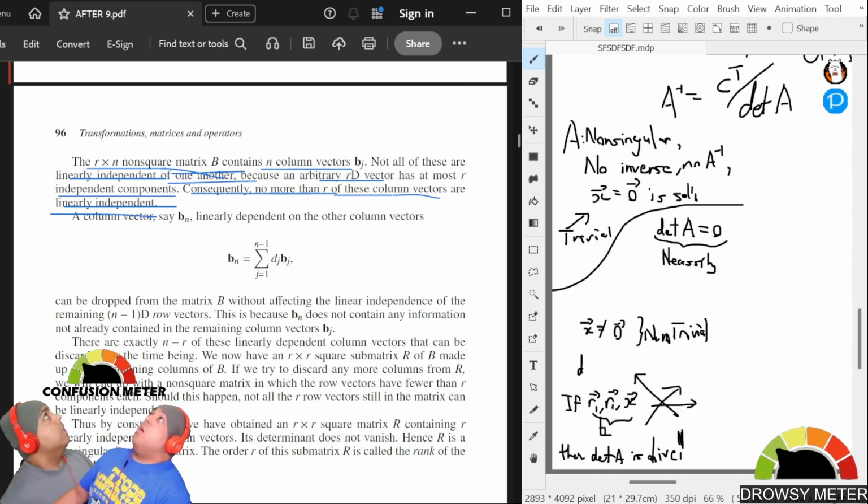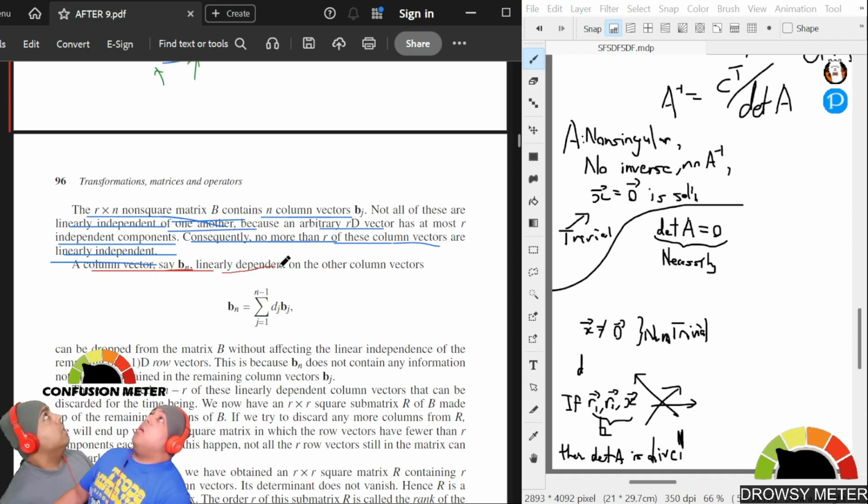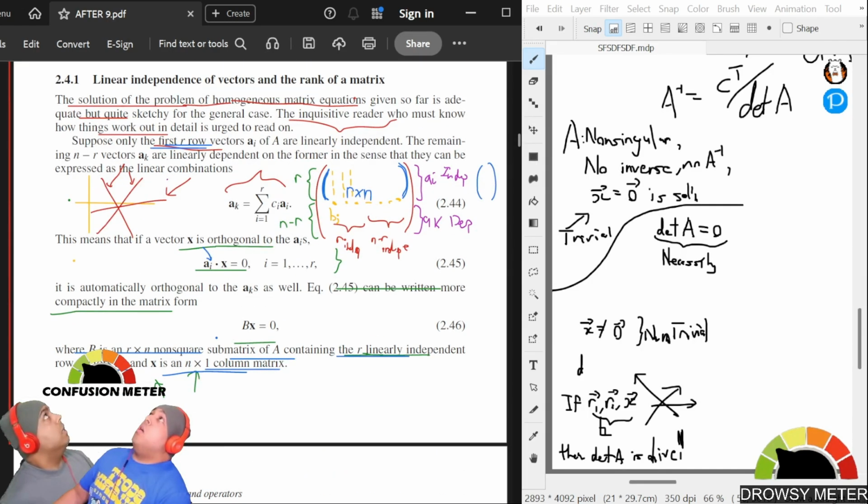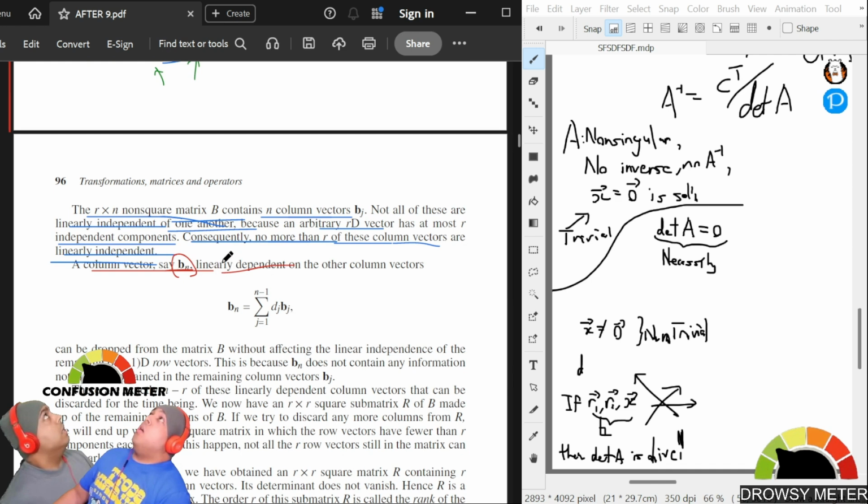A column vector, say Bn, is linearly dependent on the other column vectors. B contains n column vectors Bj, not all of which are independent.